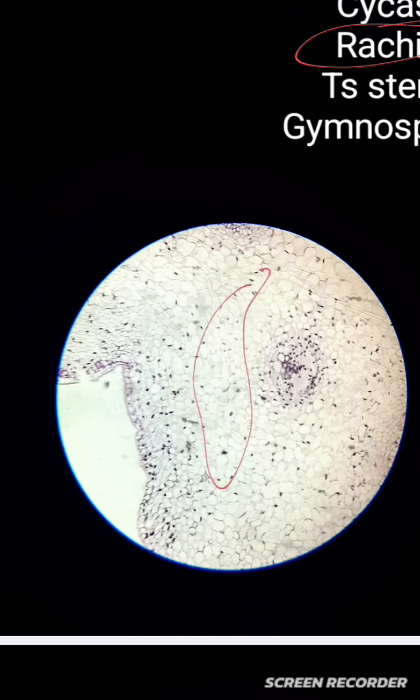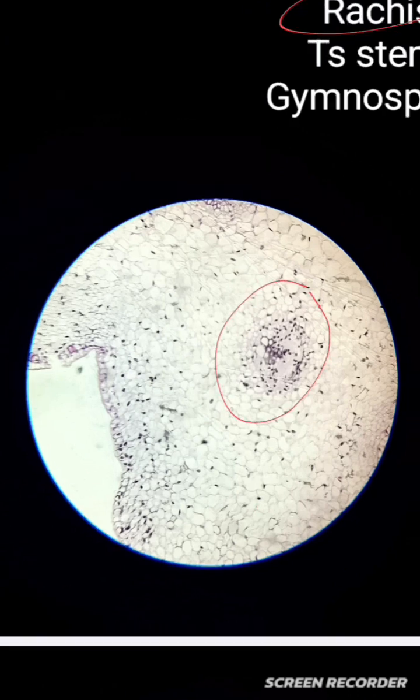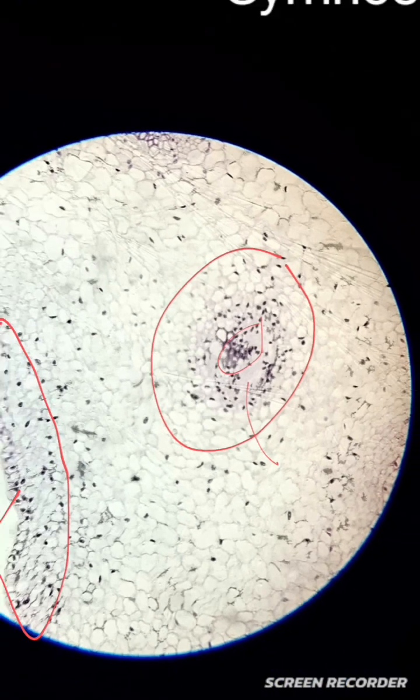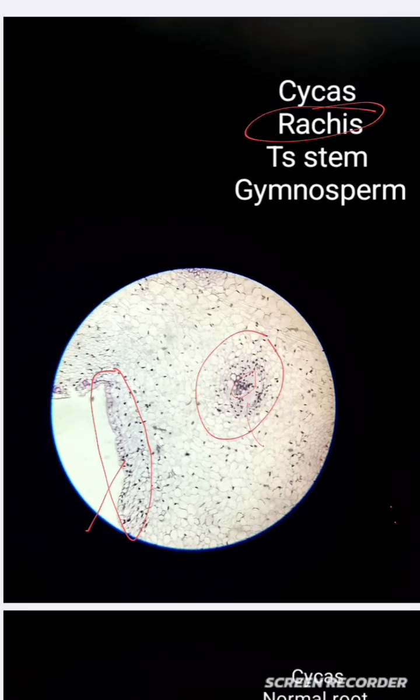This is the ground tissue, in the central portion of rachis, having the mucilage duct in it. After the ground tissue, we have the vascular bundles, in which the xylem is centrifugal, while the phloem and xylem are present alternately to each other.